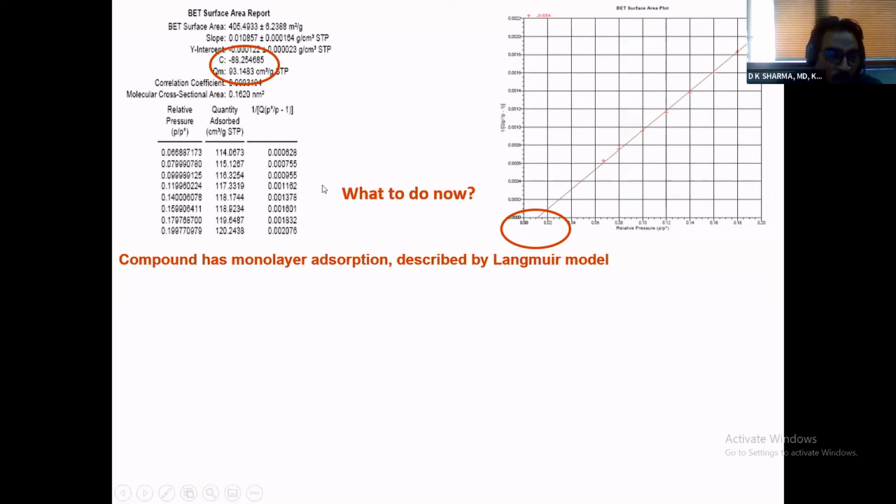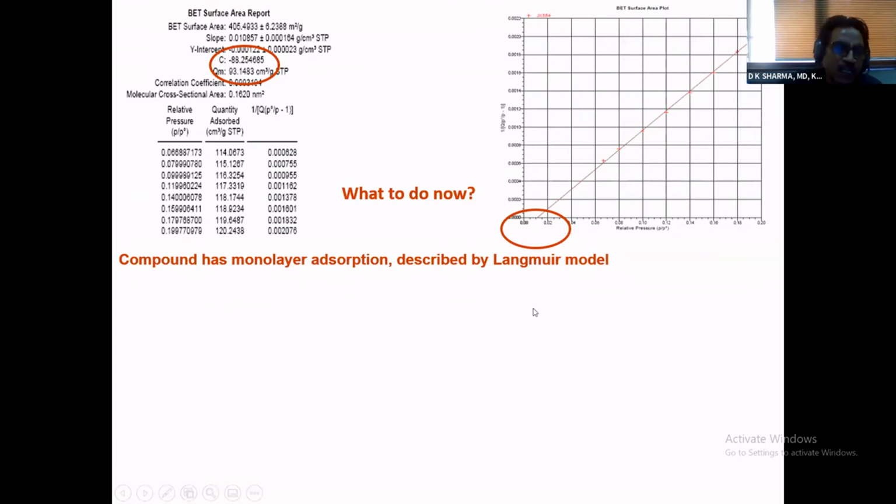From this curve, if I had got a monolayer capacity between 114 and 120, it would have been a nice calculation. It would have been a nice application of this BET equation, because from so many points, I'm trying to find one particular point which is within the range that I've used.